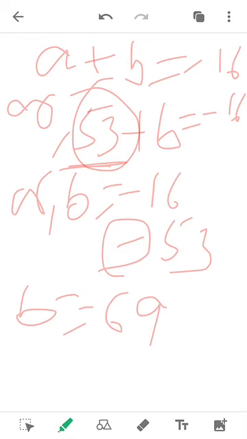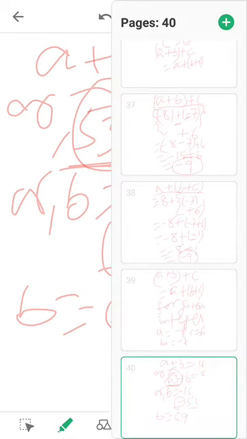Let us check. We get b is equal to minus 69.